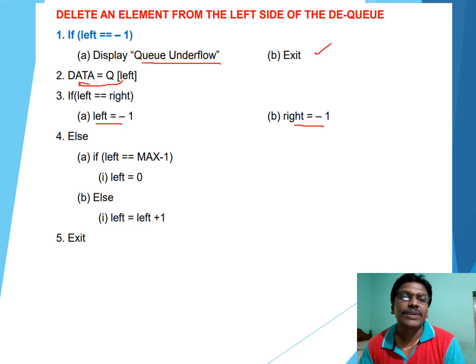Otherwise, if left equal to max minus 1, size minus 1, then 0 is assigned to the left pointer. Otherwise, left equal to left plus 1, it means increase the left pointer value, because one value is deleted, so simply increase the left pointer and exit.